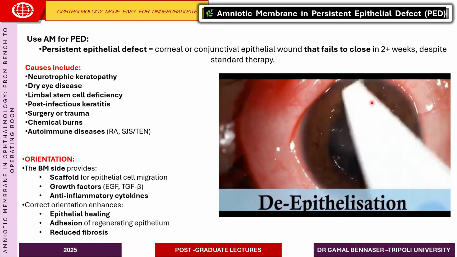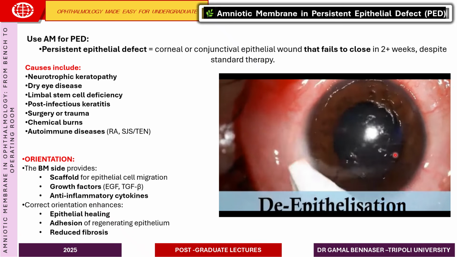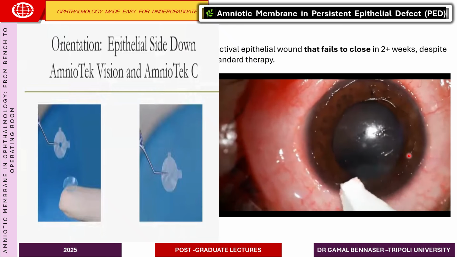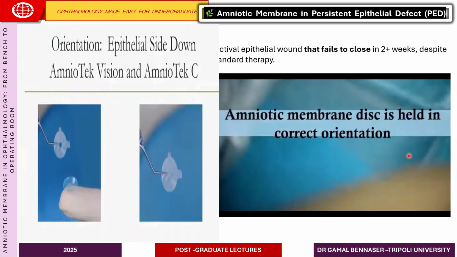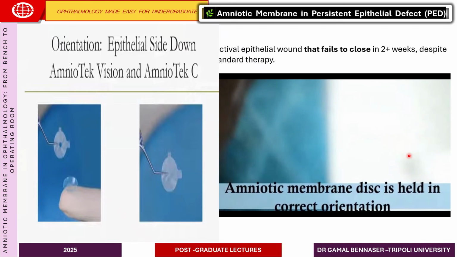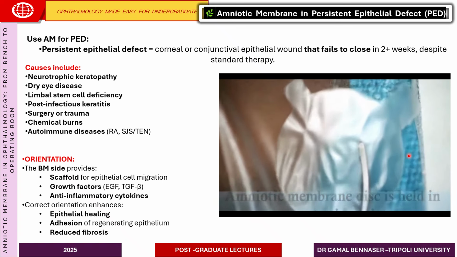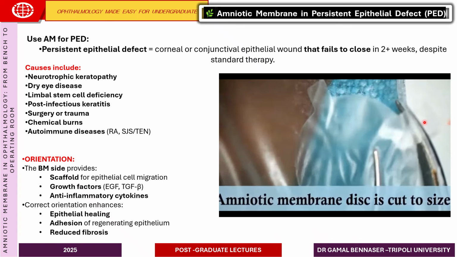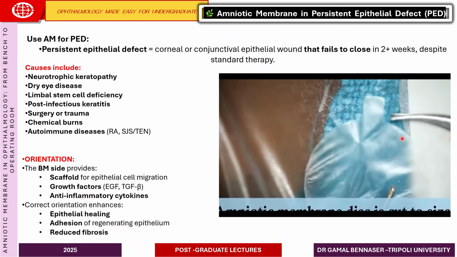After removing the denuded epithelium and the weakly adherent epithelium, the disc of the amniotic membrane should be applied, and as I said, we should pay attention to the orientation of the disc so that the basement membrane epithelial side should be facing down and the stroma should be up. Now with this orientation, when this large band is on the right and this is up, this indicates that the epithelial side is down.